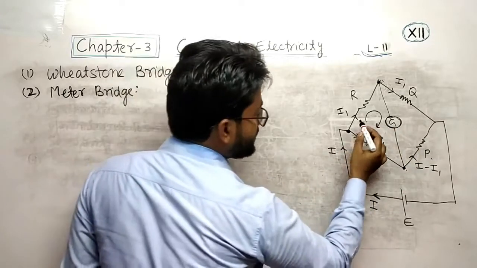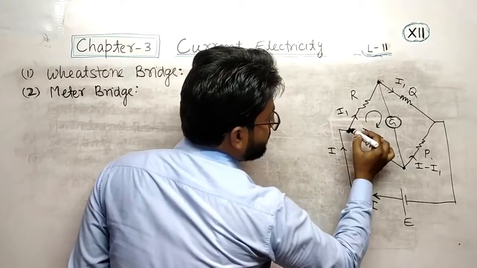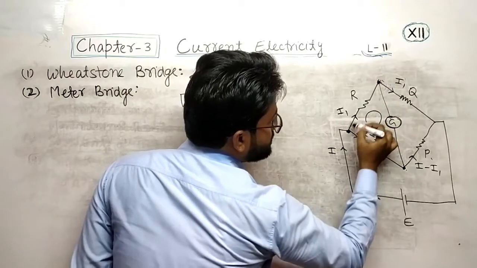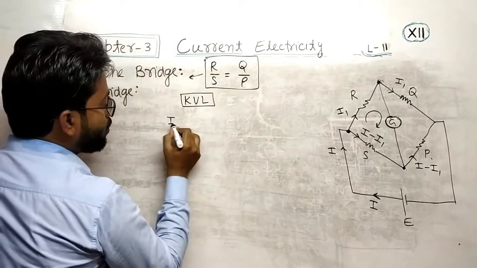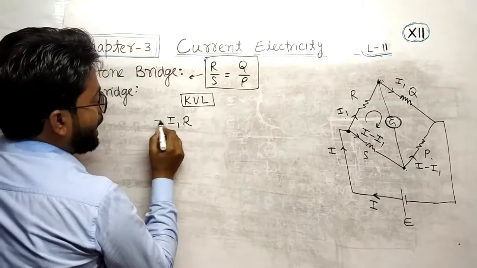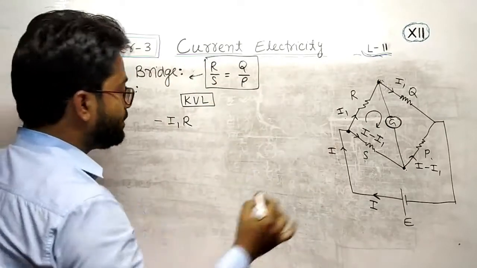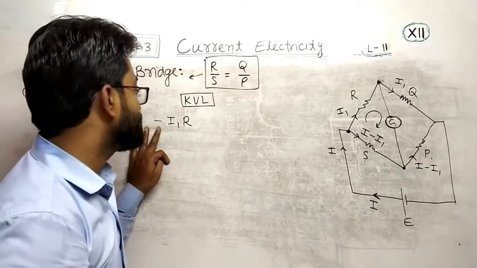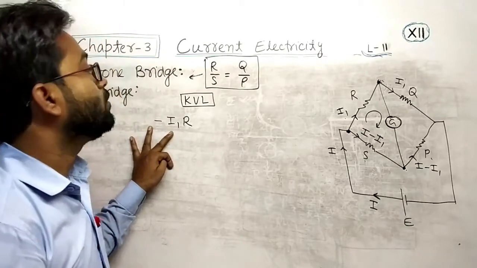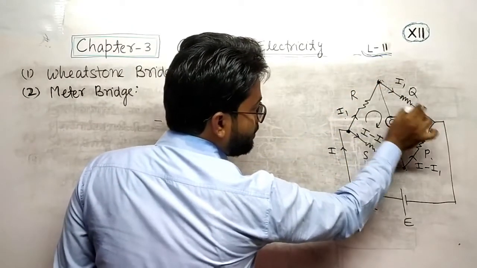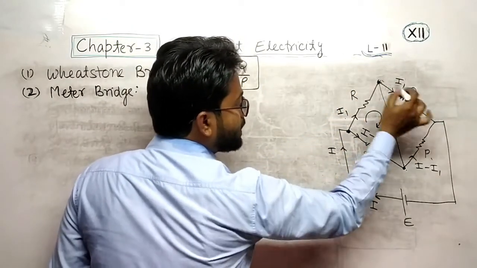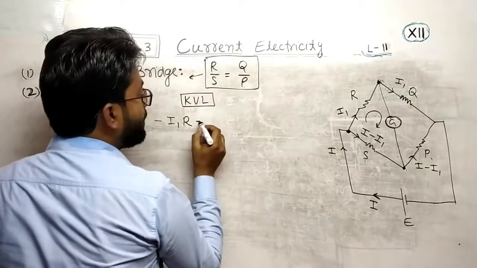The potential drop across this resistance will be equal to I1R, so this is taken as minus I1R.